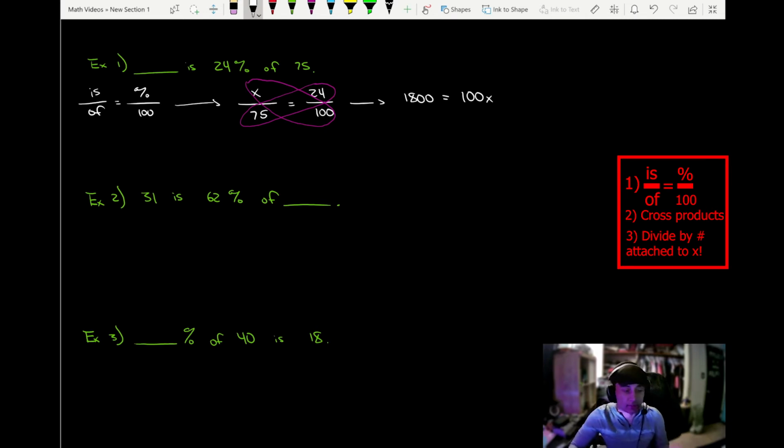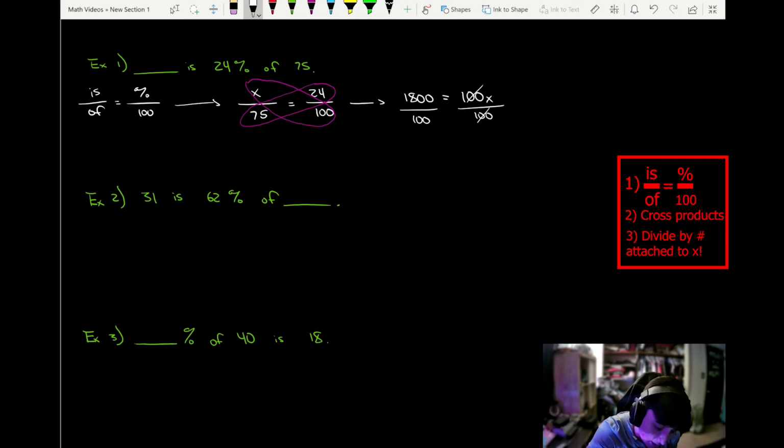And then the third step was divide both sides by the number that's attached to x. So we divide this side by 100, remember, that's like a fraction. Fractions are division. And then we divide this side by 100. And so you see on the right side that these 100s are going to cancel out, because 100 divided by 100 is 1, so it just goes away. And then on the left side we have 1800 divided by 100, and that's just 18.